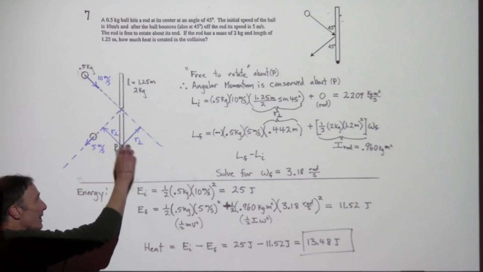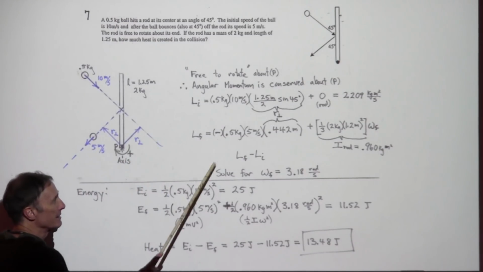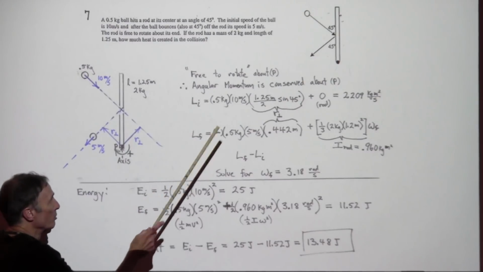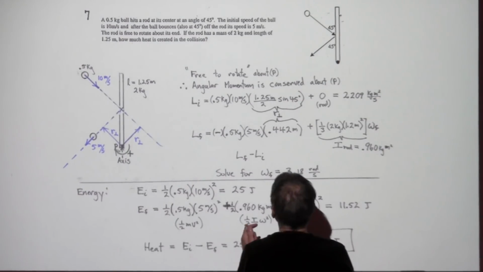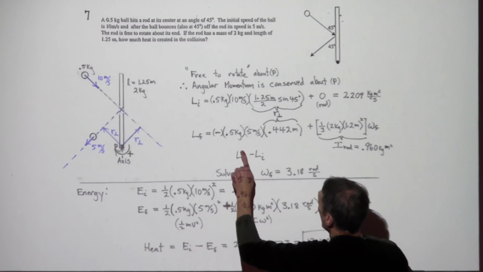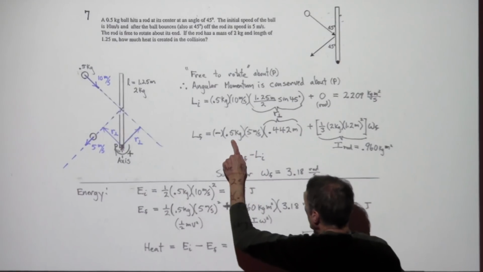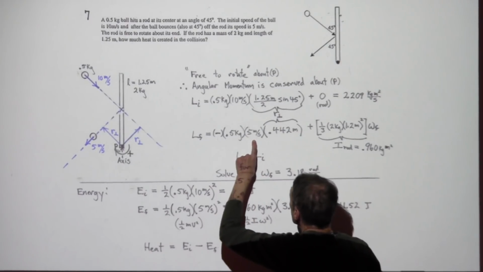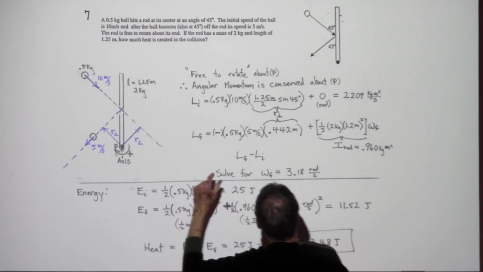I'm calling it negative. A lot of you would like to call that positive, and that's okay. When we set the two things equal, the signs can be either direction. Just stay consistent. So L final is the mass of the ball, now traveling at 5 meters per second, and it's still got the same r perpendicular there.